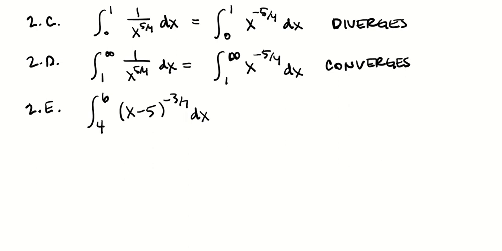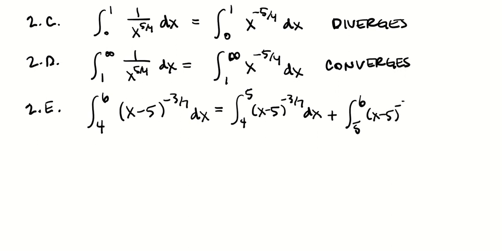So I'm going to have to split this up into the integral from 4 to 5 plus the integral from 5 to 6. Okay. So I'm just going to work on one of these integrals to figure out whether or not this integral converges or diverges. Then we'll work on the one on the left.